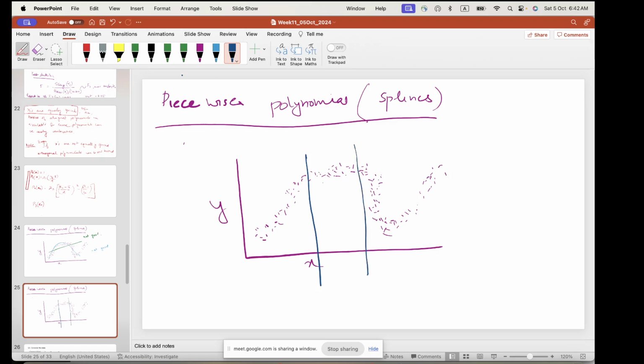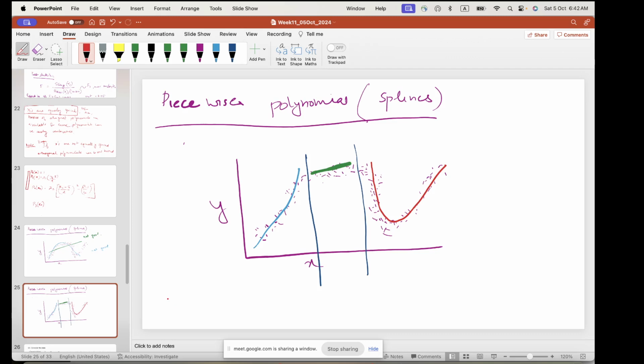Here maybe we'll be able to fit, let's say, a graph like this. In this area we fit a straight line, and in this area we again fit another quadratic equation or something.